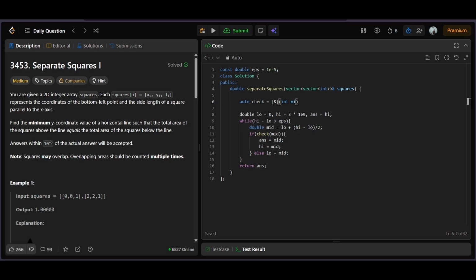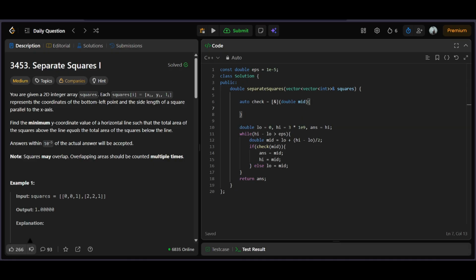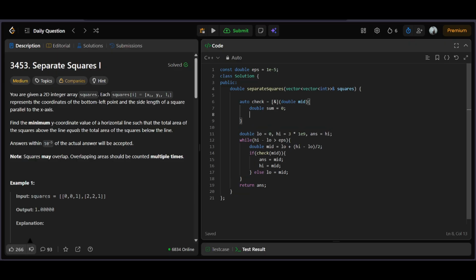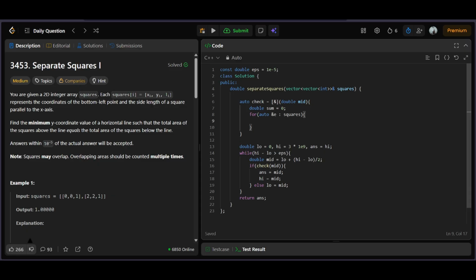So this check function will have the double mid, and it will have a sum that's firstly 0, and we will go to every square, and we will have, suppose the x coordinate is e of 0, y coordinate is e of 1, and the length is e of 2.